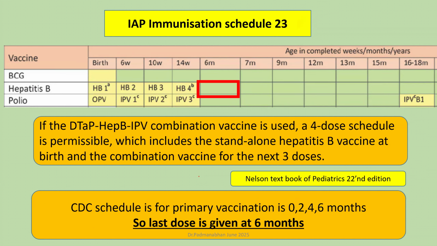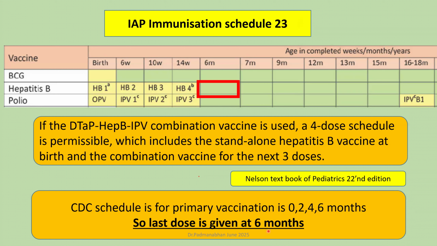The CDC schedule for primary vaccination is 0, 2, 4, 6 months. So the last dose is given at 6 months. Remember that in Western countries, they give it at 0, 2, 4, and 6 months. And sometimes they skip the 4 months dose and give it at 0, 2, and 6 months, 3 doses. But the last dose is given at 6 months.